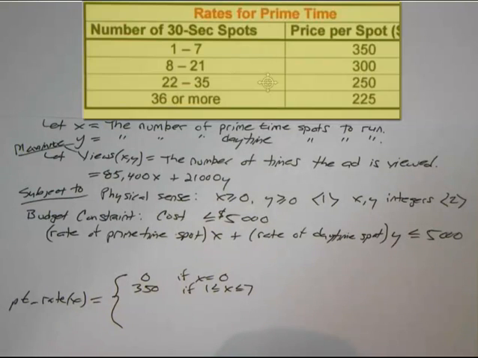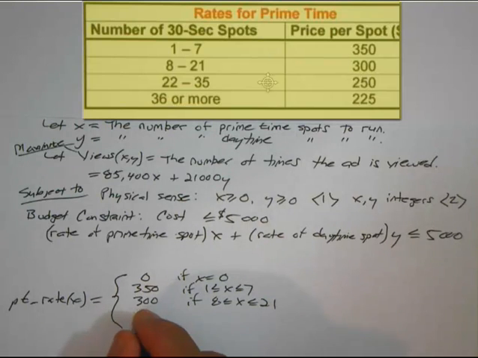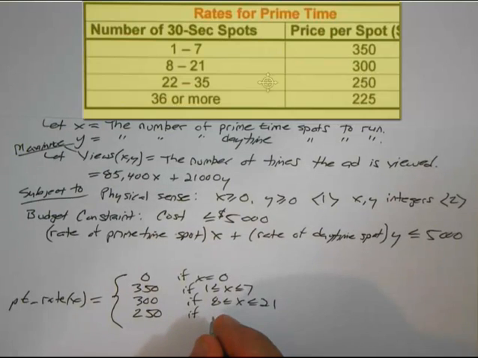Then the charge drops down to $300 if x is between or equal to 8 and 21. Then it gets cheaper still if we buy even more, $250, in the case where x is between or equal to 22 and 35.